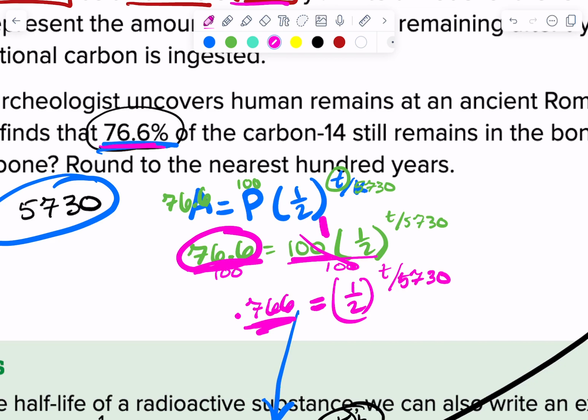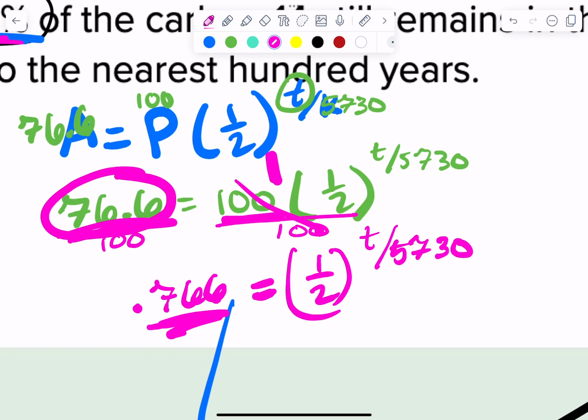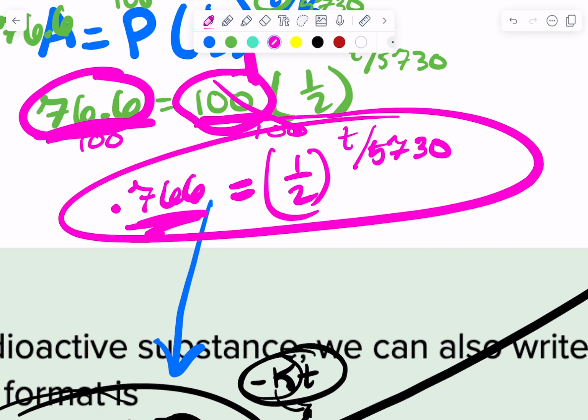Do you see how those are in the same relationship? You get to choose what your principal is, but you just need to make sure that your after amount is 76.6% of that. I just always do 100 and whatever the decimal is that they give me. Or you can start at this point where your decimal is there already and you don't have a number to divide by.